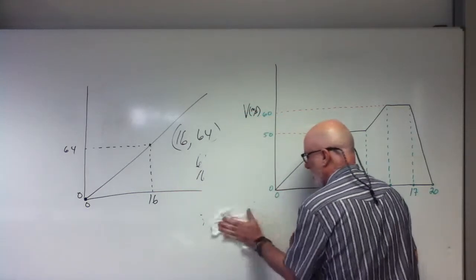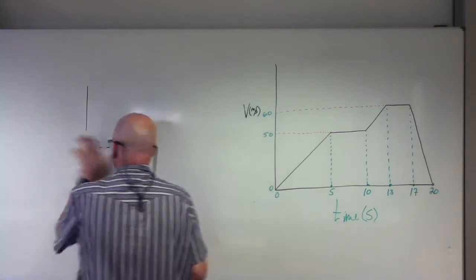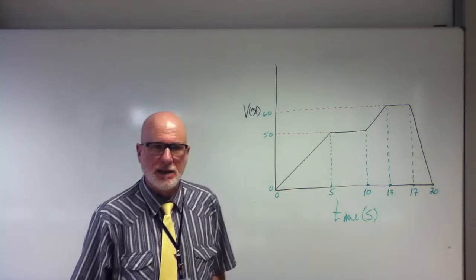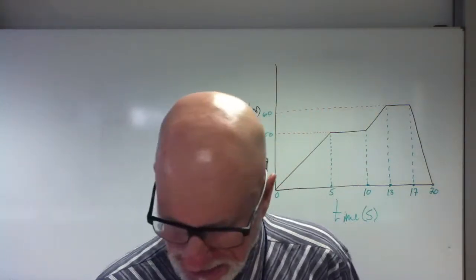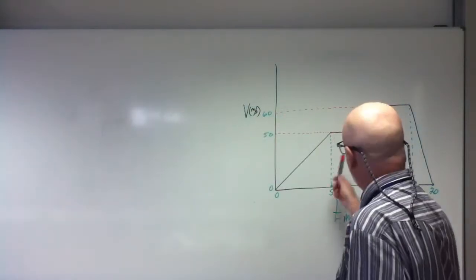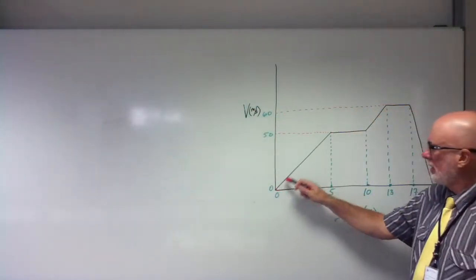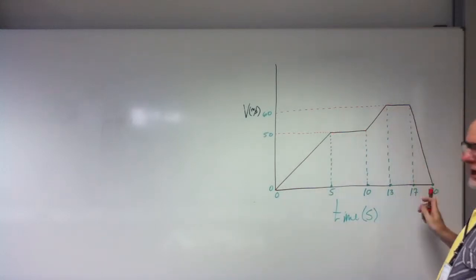Now we're going to do something a little harder, but it's still the same. Now, velocity time. Not distance time, velocity time. Now, you see I have a horizontal line, then down, right?